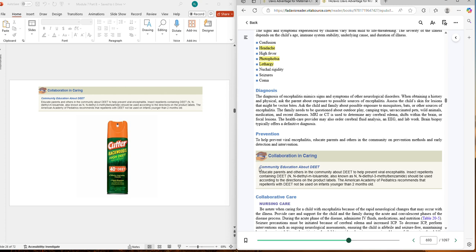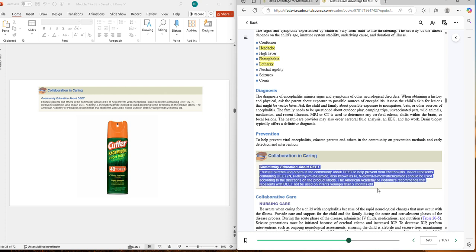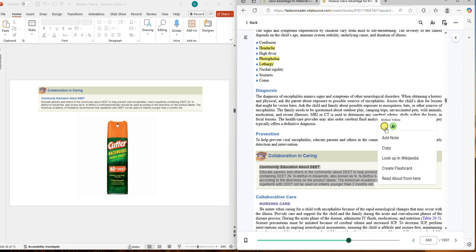Community education. So DEET, you do not ever use DEET for an infant, okay? I hardly ever buy it, and my children are grown, and I'm grown, but DEET is very bad. It can cause encephalitis, so be careful when you buy any type of insect repellent with DEET in it.